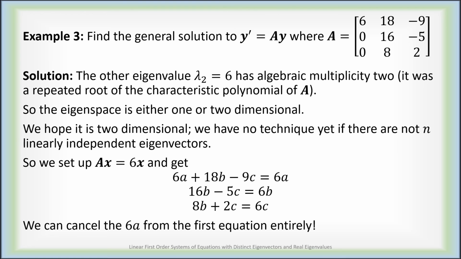In the first row, notice that the 6a on the left and the 6a on the right can simply be canceled out. In other words, a is absolutely absent from this system of equations. Canceling the a's from the first equation leaves no a's anywhere else. So we really have three equations in two variables, so we expect lots of solutions here.